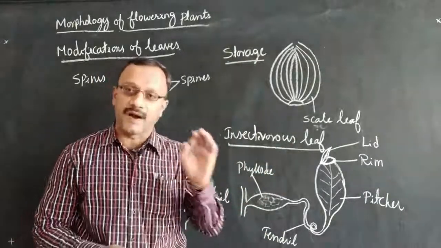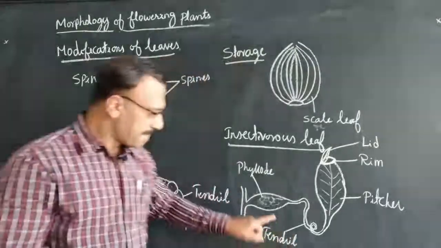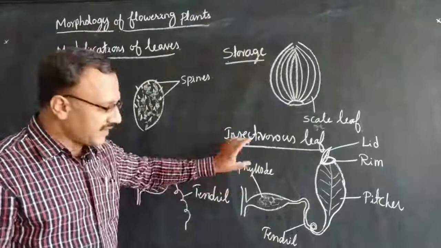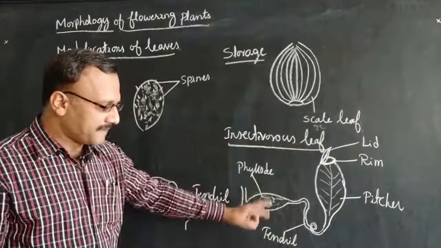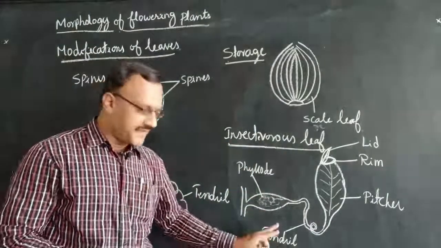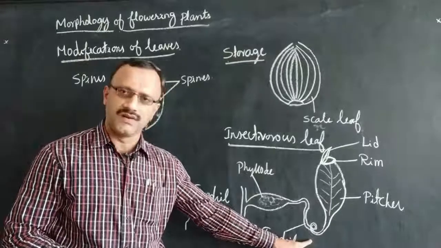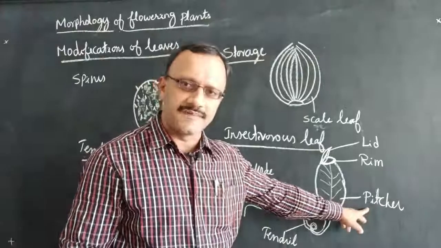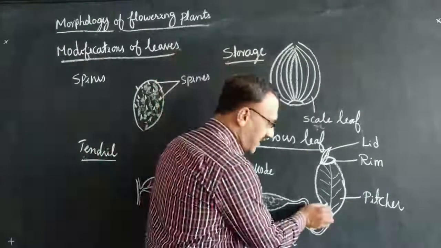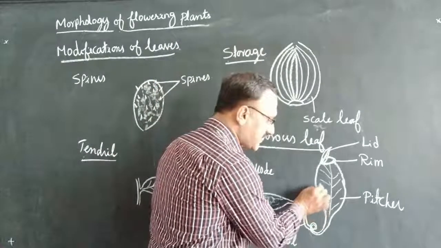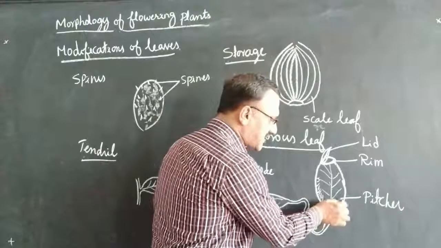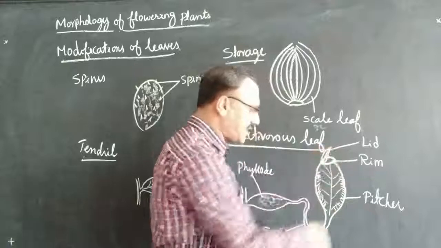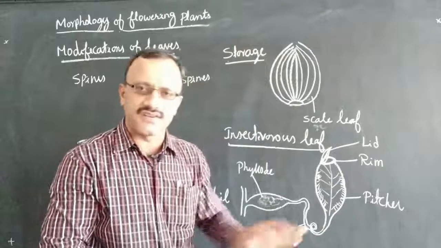So here each part of the leaf is modified: the leaf base into the phyllode, that is a flat plate-like structure. Then the tendril, which is the modified form of petiole. Then the lamina will be modified into the pitcher, which is going to trap the insects inside, where there are a number of digestive glands secreting sweet-smelling secretions which attract the insects toward the pitcher and help in the digestion of the animal.